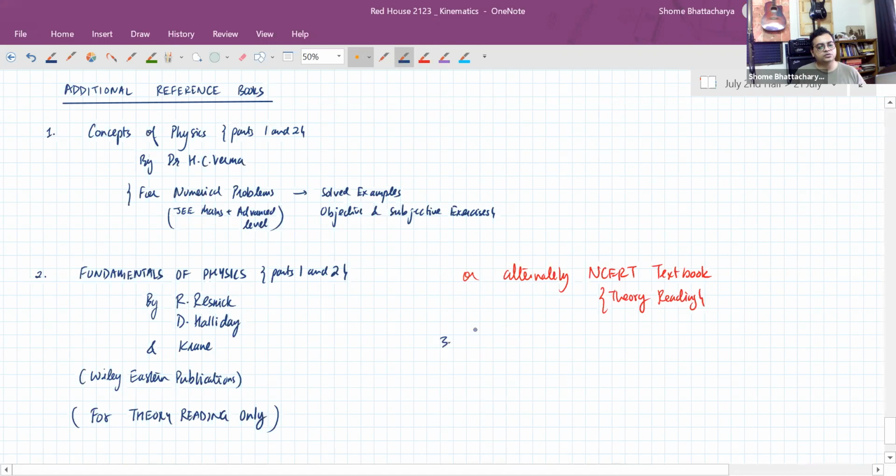And one more book that you can use for additional problem solving is Physics for JEE Mains plus Advanced series. There are actually 5 books in this series. Mechanics 1 and 2. Waves and Thermodynamics.